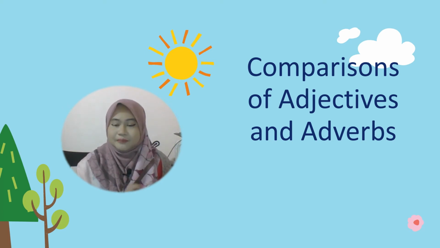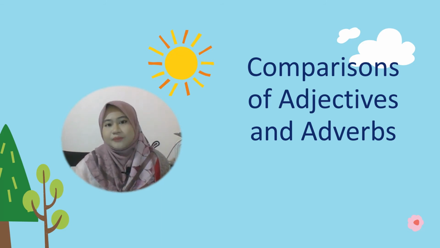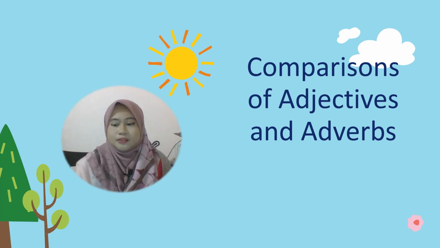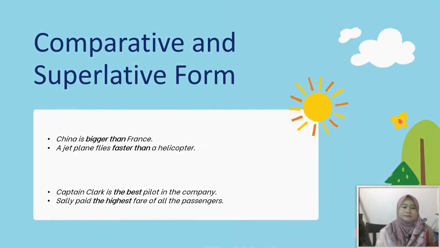Okay, mainly adjective is to describe noun and adverb is to describe verb. So how do you make comparison in adjective and adverb? We have a comparative and superlative form. So let's look at comparative form.